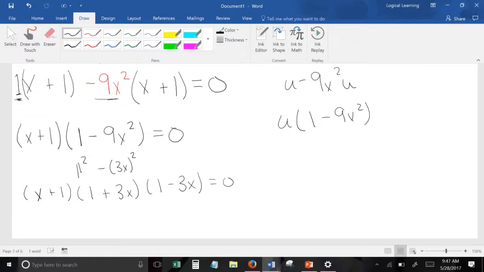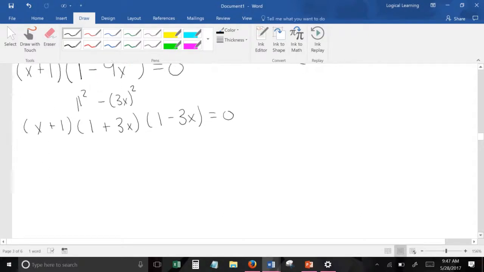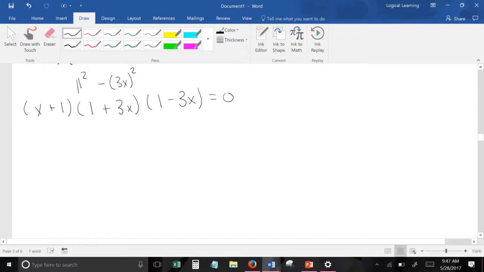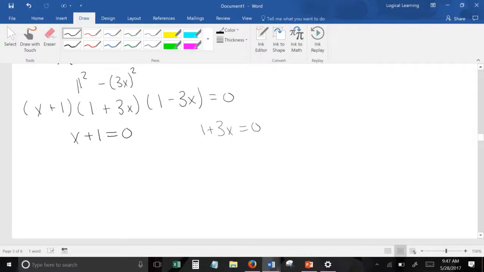By the zero product property, we will set each of these equal to 0 and solve. So we have x plus 1 equals 0, 1 plus 3x equals 0, and 1 minus 3x equals 0.